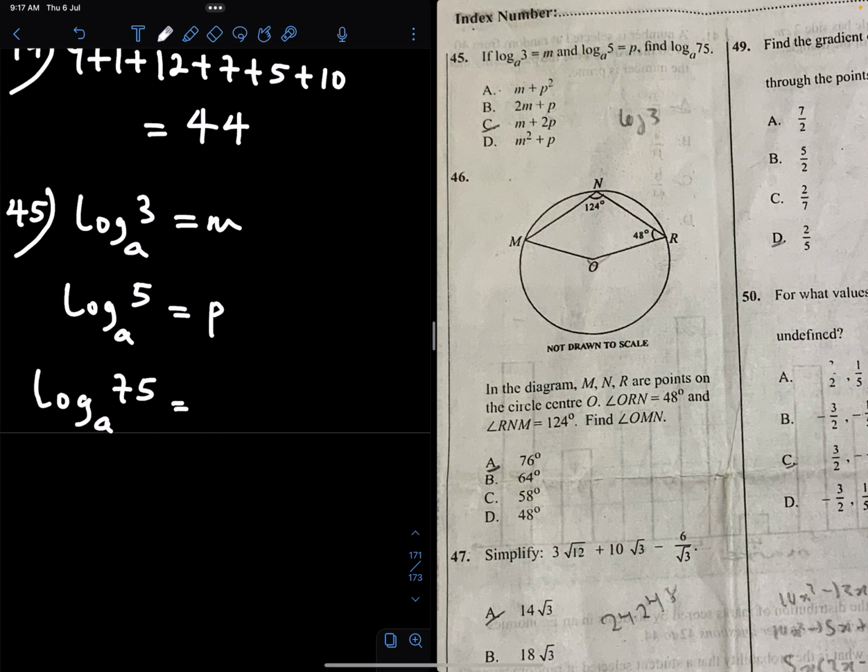Log 75 base A is the same as saying log of 25 times 3.